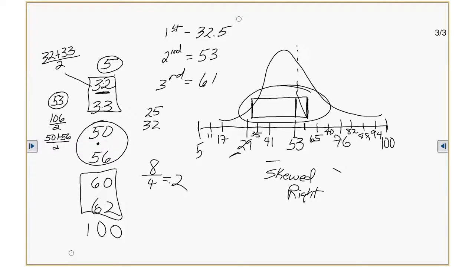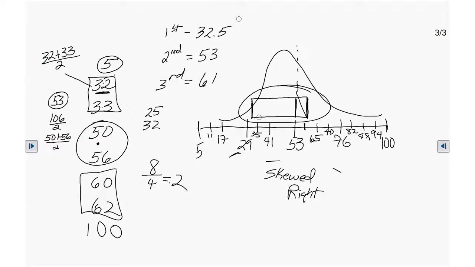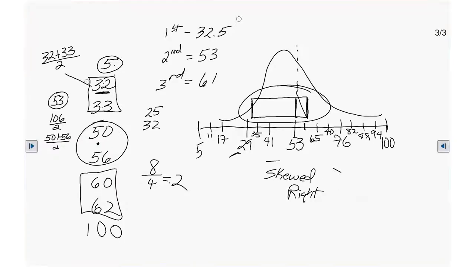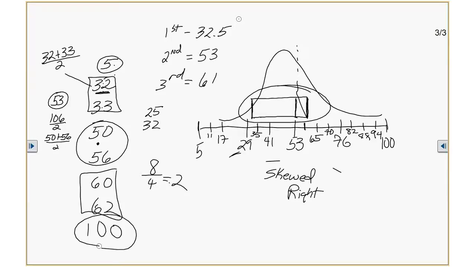No. These two sets of numbers have totally different weights. These two are closer to each other. These two are not. So that's where you start to see this go to the right because of that 5 and that 100. That 5 and that 100 mess up your togetherness or your tightness.